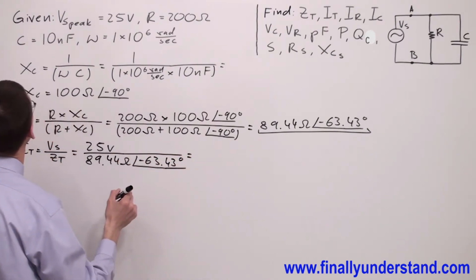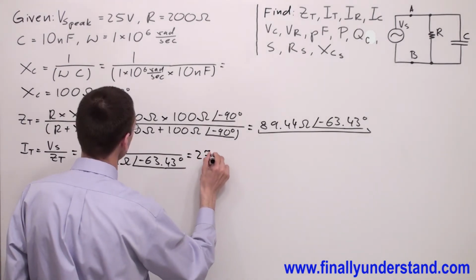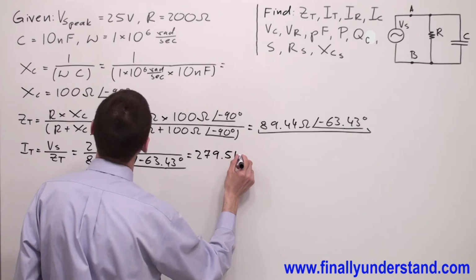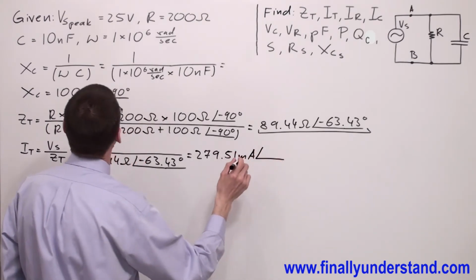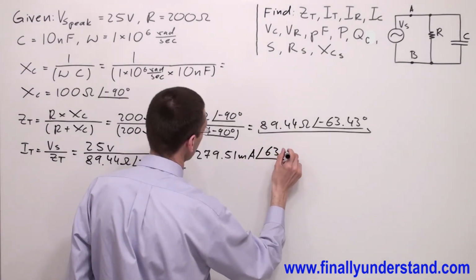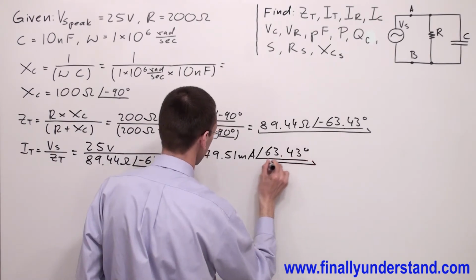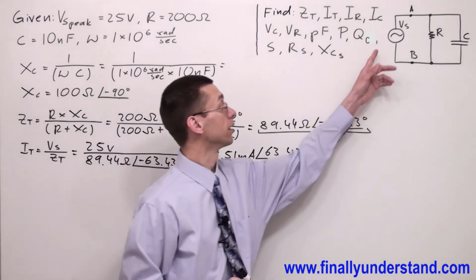This is equal to 79.51 milliamps and angle of 63.43 degrees. This is the total current which will flow in my circuit.